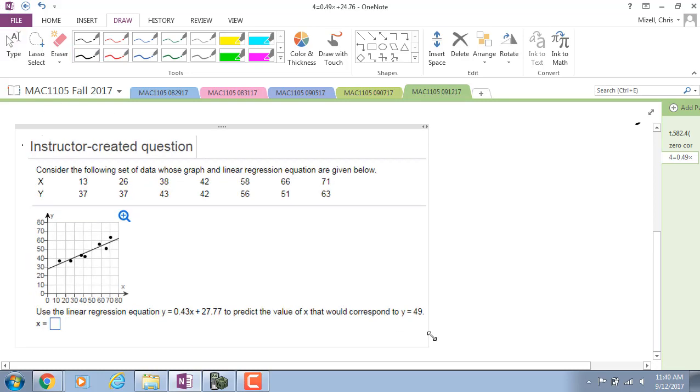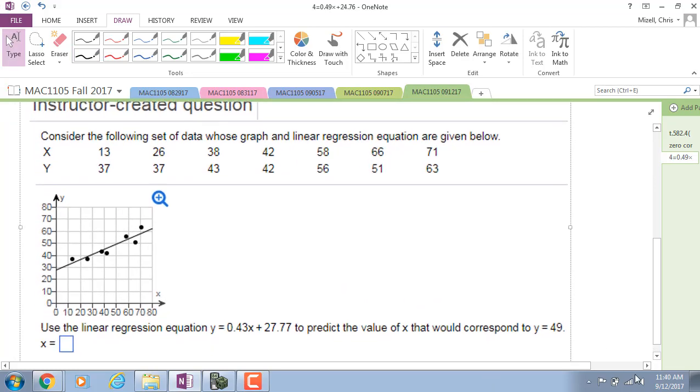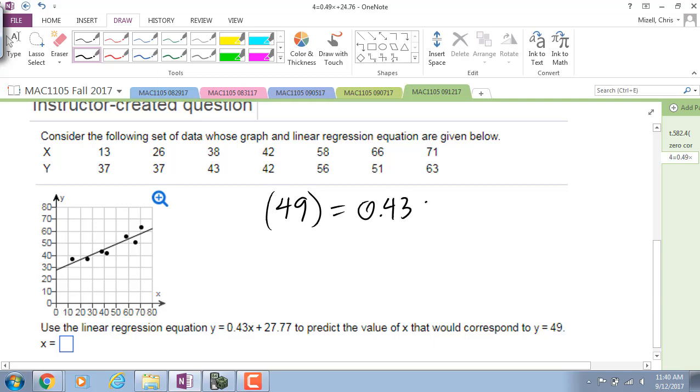Make the print a little bit bigger. Maybe it'll let me write on this. Substitute 49 for y. 49 equals 0.43x plus 27.77.